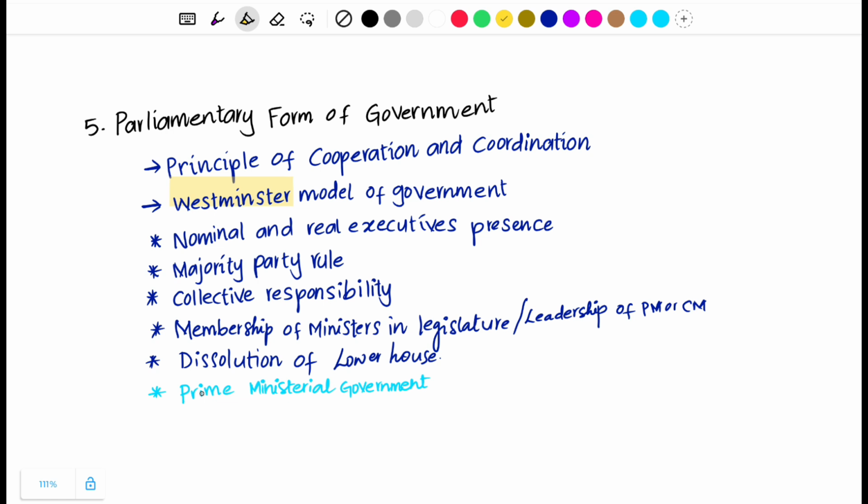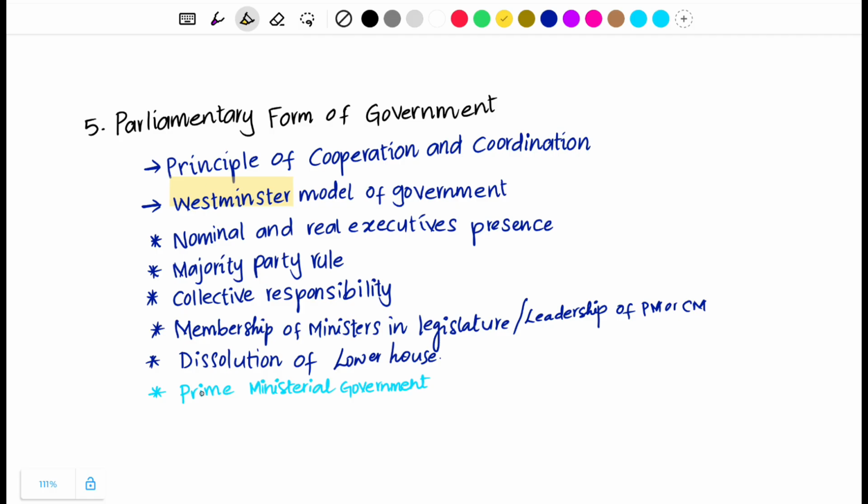So a minister has both the membership in the legislature as well as in the cabinet. The leadership of the PM or CM. The leader of the house in the parliament is the prime minister, whereas in the state assemblies it is the chief minister. The parliamentary form of government provides for the dissolution of the lower house.